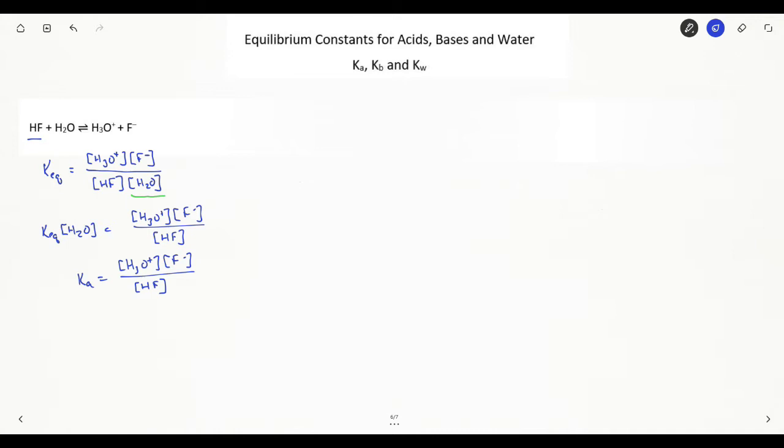Now, this is specifically for hydrofluoric acid, but let's see what happens when we have a generic acid. So here is an equilibrium equation for a generic acid, HA. This proton is the one it's going to donate. A minus is its conjugate base. We can write the equilibrium expression for this.